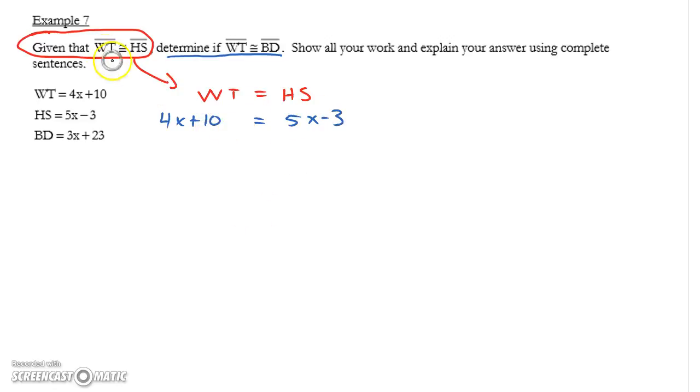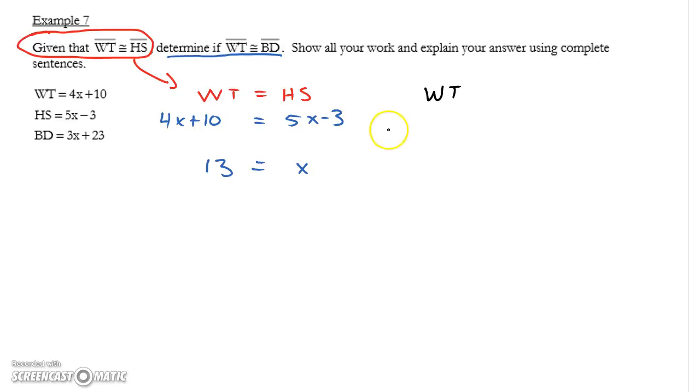I know that's true because they told me that was true. I have to use what I've been told is true to solve for x. Okay, subtract 4x from both sides and I get an x on the right. Add 3 to both sides and I get 13. Now, I know that x is 13.